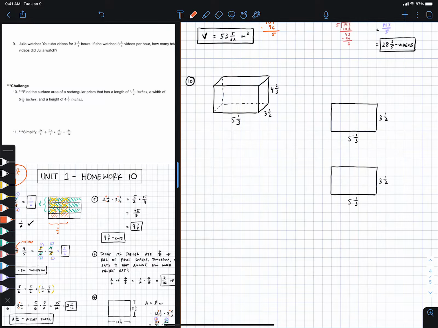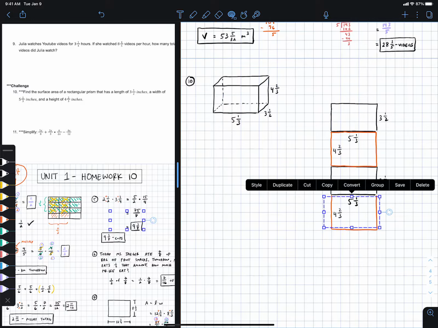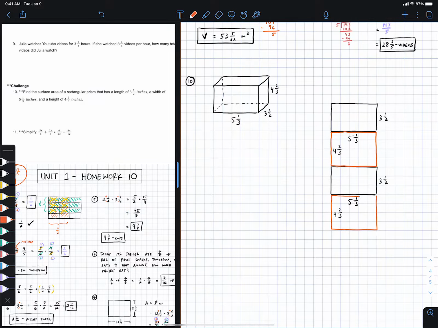For the front, we know it is 5 1/3 by 4 2/3. That makes sense to me. If that's the front, that's also the back, since the front and back are the same.